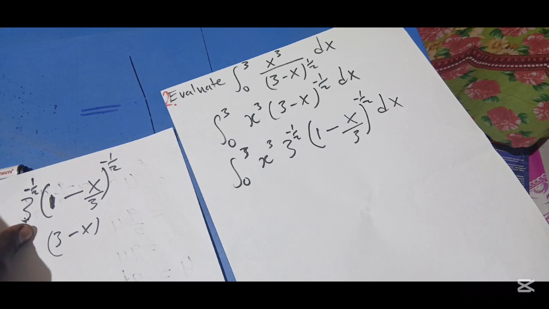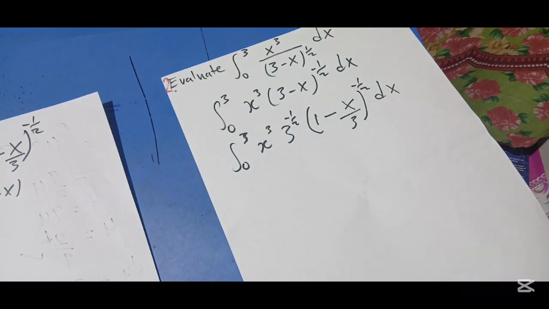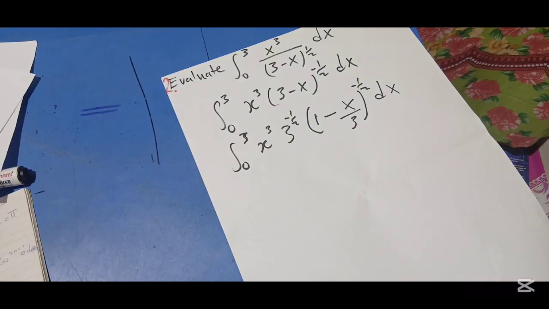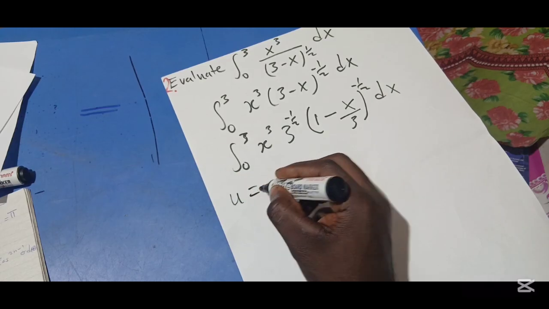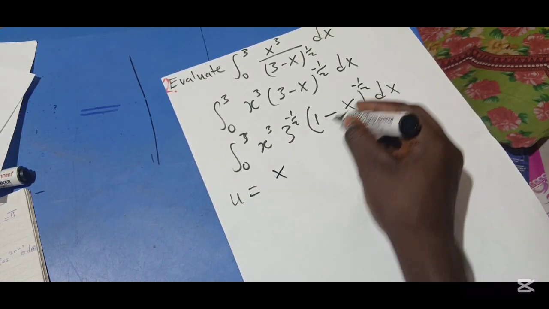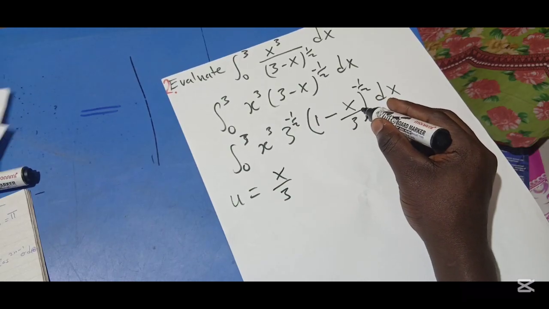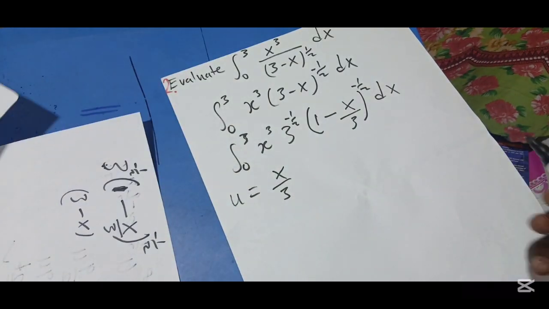Now what we are going to do next is to substitute this term here with a value. So let u equal x on 3, not negative x on 3, because from the general definition, the negative there is very significant.